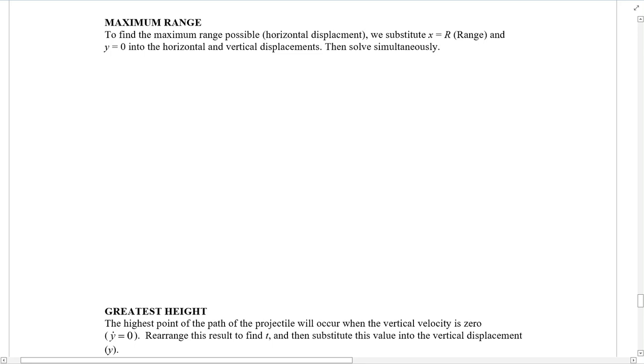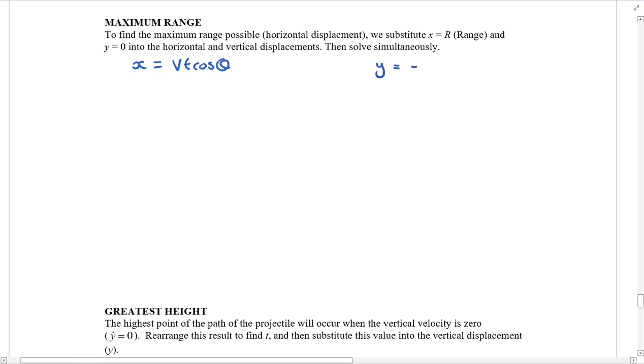Okay? So, to find the maximum range, we want the horizontal displacement. We're going to substitute that x is equal to r, because in that table of formulas, r was the letter they used for range. Okay? And that y is equal to 0. So let's take our x equation and our y equation.